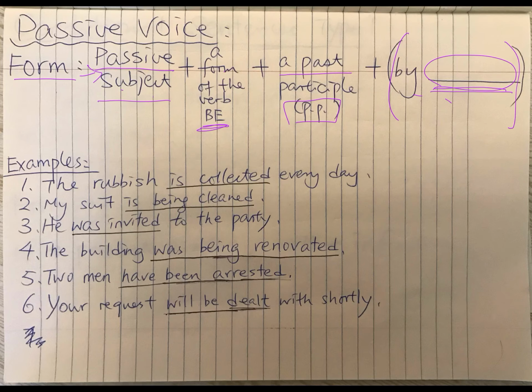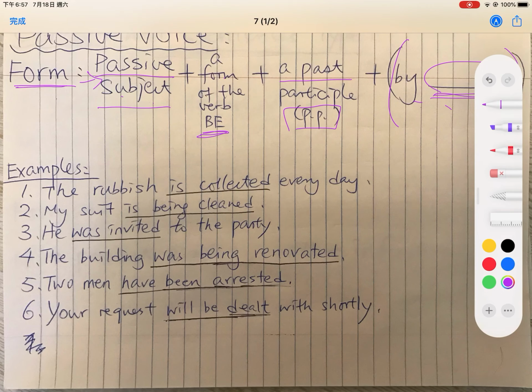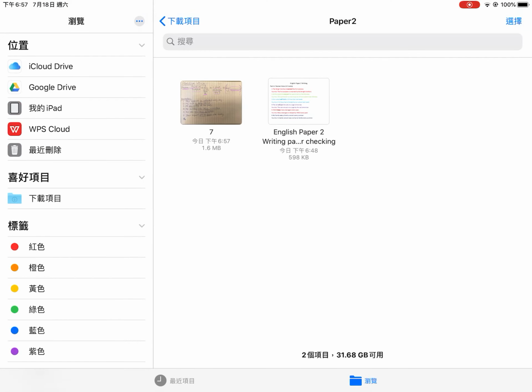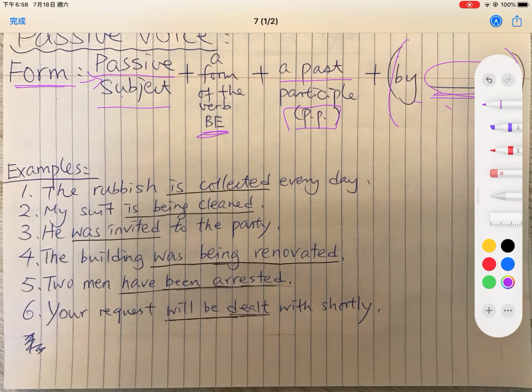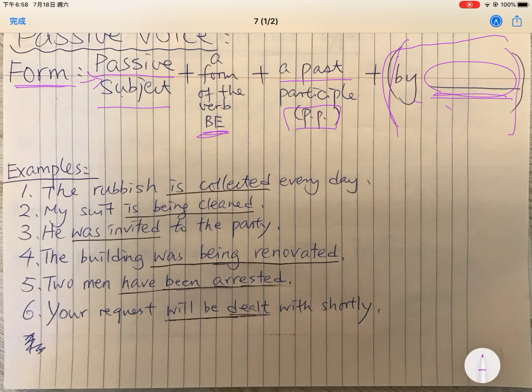So the form is like this: the passive subject, plus a form of the verb be, plus a past participle. And if you want to show the person or the thing doing the action, then you can add this part at the end of the sentence, adding by.